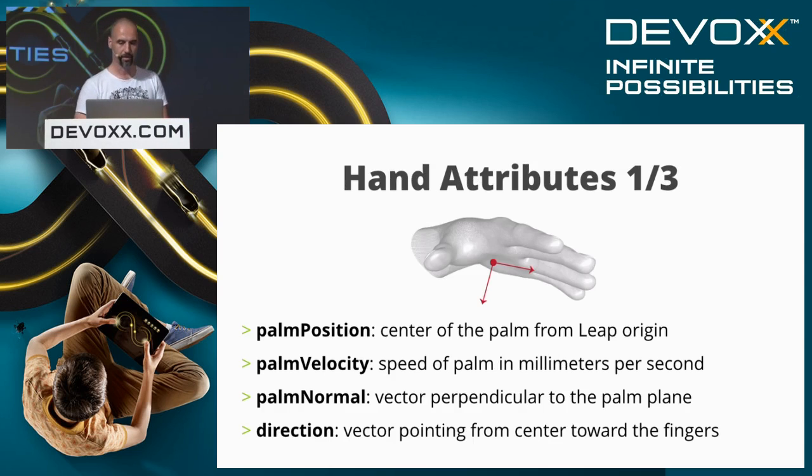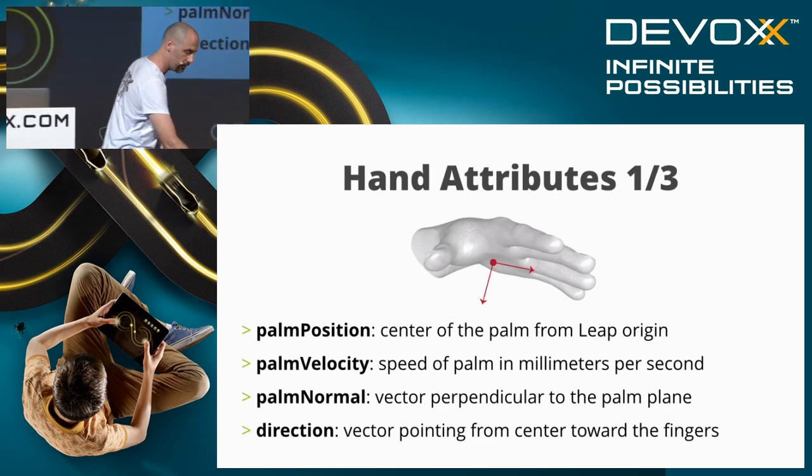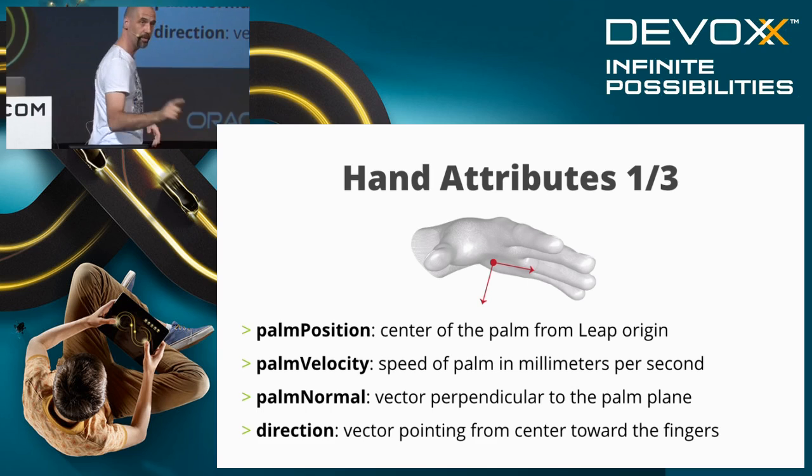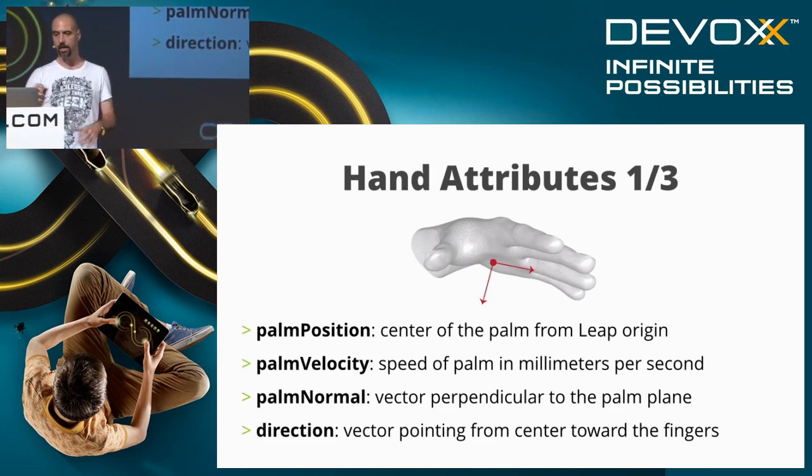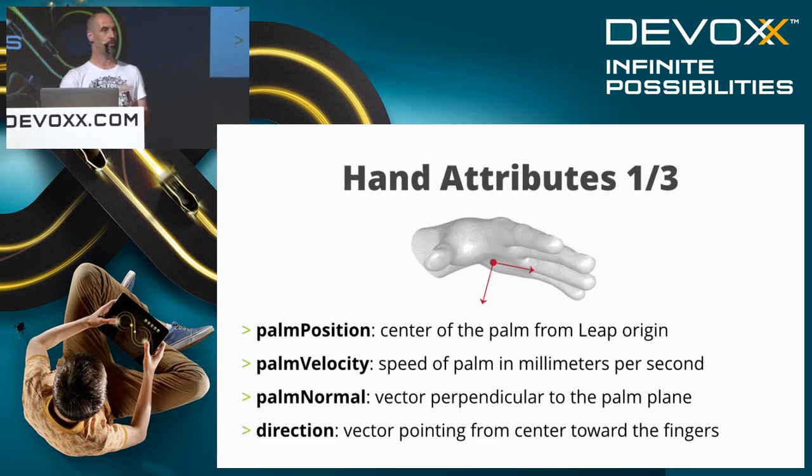But then what you get one level down is inside the list of hands, you've got your hand, and in the middle of the palm of your hand, you've got a vector that is pointing forwards and a vector that is pointing down. The vector pointing forwards is the direction, and the vector pointing down is the normal. It also allows you to have the position compared to the actual center point of the Leap Motion device, of the center of your hand, and at which speed it moves through space.